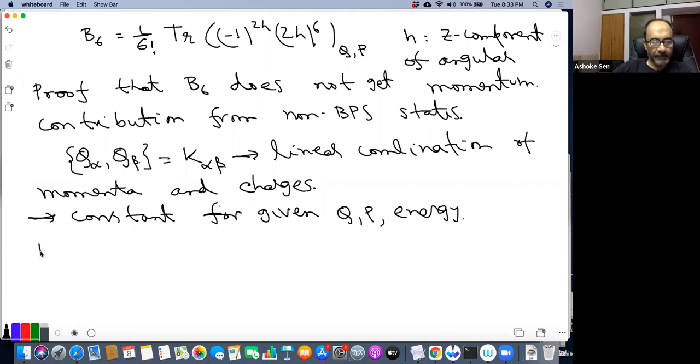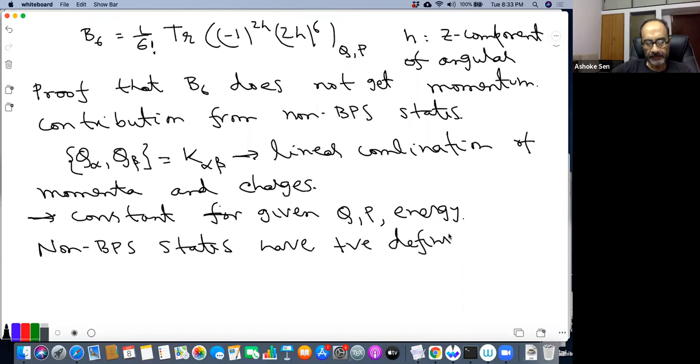It turns out that non-BPS states have positive definite K, which means all eigenvalues are positive.